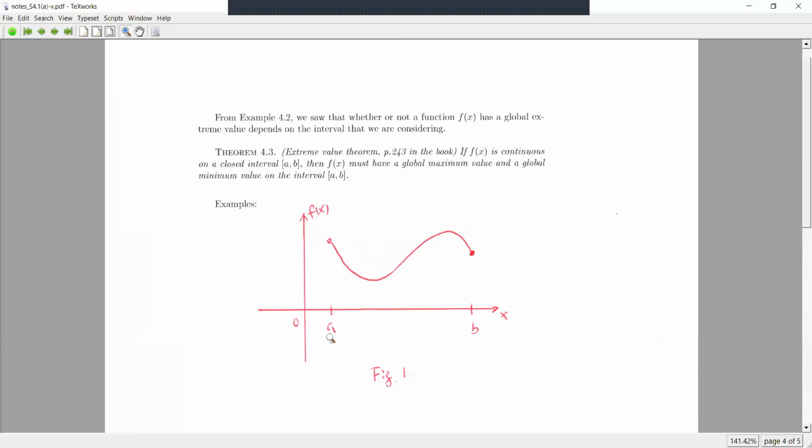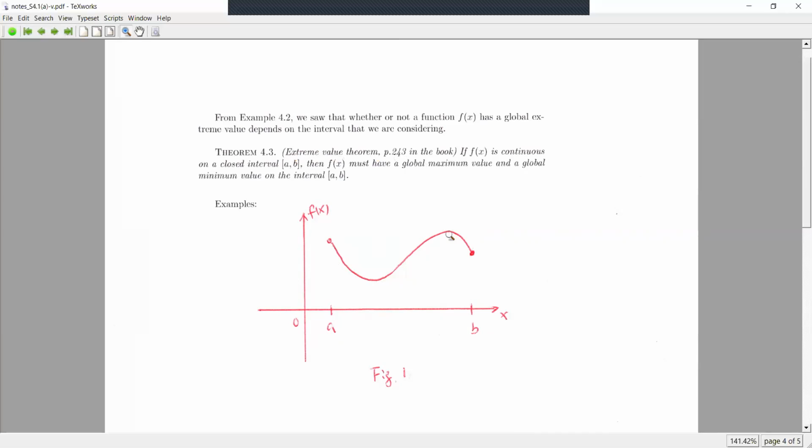At the point A, the function has a function value, say this solid point. At point B, the function has a function value, solid point here. The function is continuous. Then this theorem says that the function must have a maximum value and a minimum value over this interval.